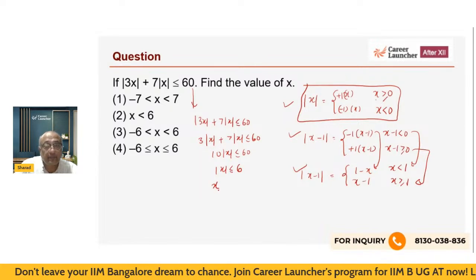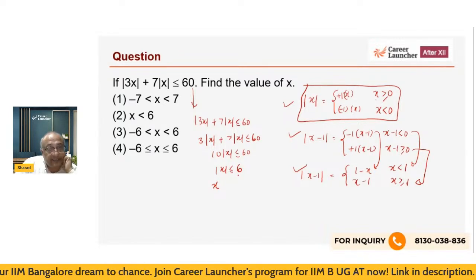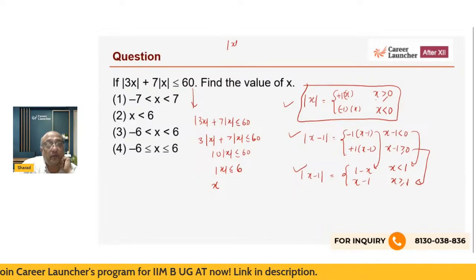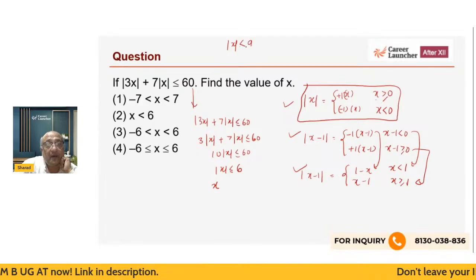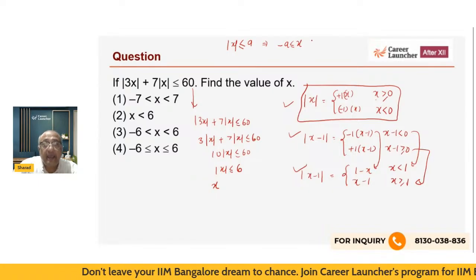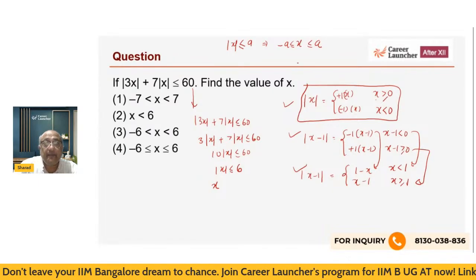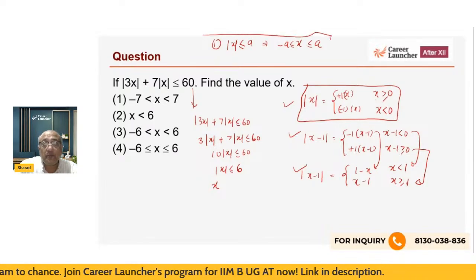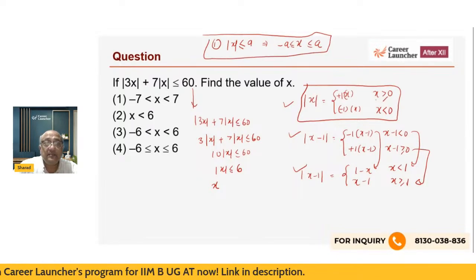Please remember these two identities always. If mod x is less than or equal to a, it will always mean x is greater than minus a and x is less than plus a. This identity, please complete your notes, box it. This is the first one.